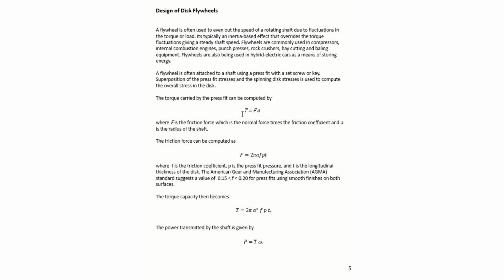Now in a press fit, this F is the friction force, and the friction force is the area over which it acts times the friction coefficient times the applied load. So my friction force F here is 2 pi a, which is the circumference of the disk, times t, which is the length of the shaft being analyzed. p is the press fit pressure, and f is the coefficient of friction.